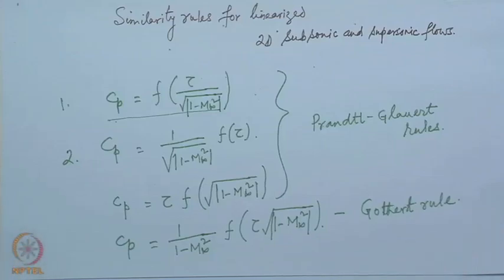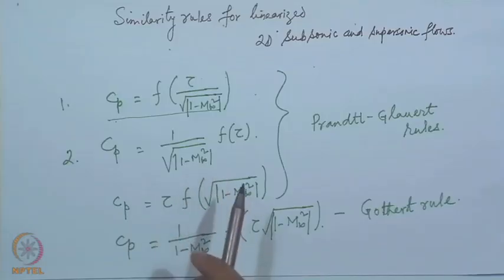That is, if we have a fixed airfoil of a particular family, then as free stream Mach number increases, the pressure distribution on that airfoil increases by a multiple of 1 minus M infinity square to the power minus half.